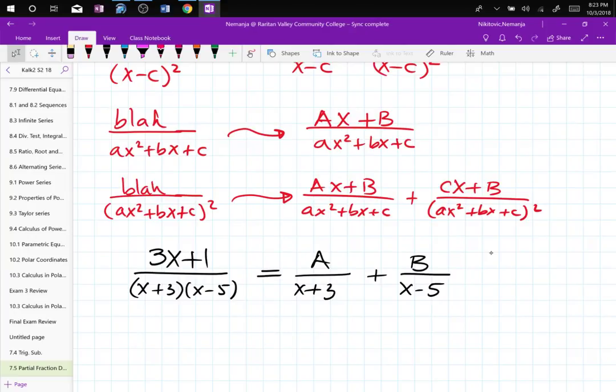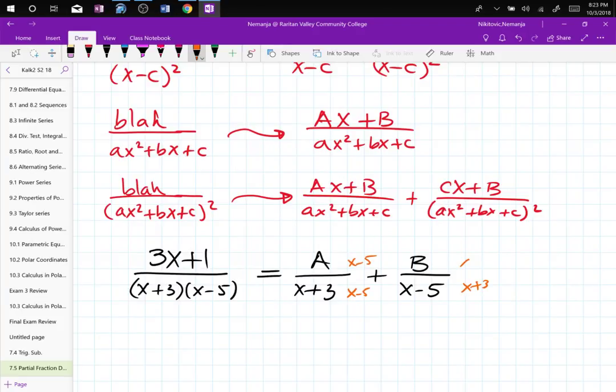What do I have? I just have to find what A and B are, right? So the only thing I can do is to add the right-hand side using algebra, and then I'll compare left and right and find out what a and b are. So multiply x minus 5 on this side and x plus 3 on this side.